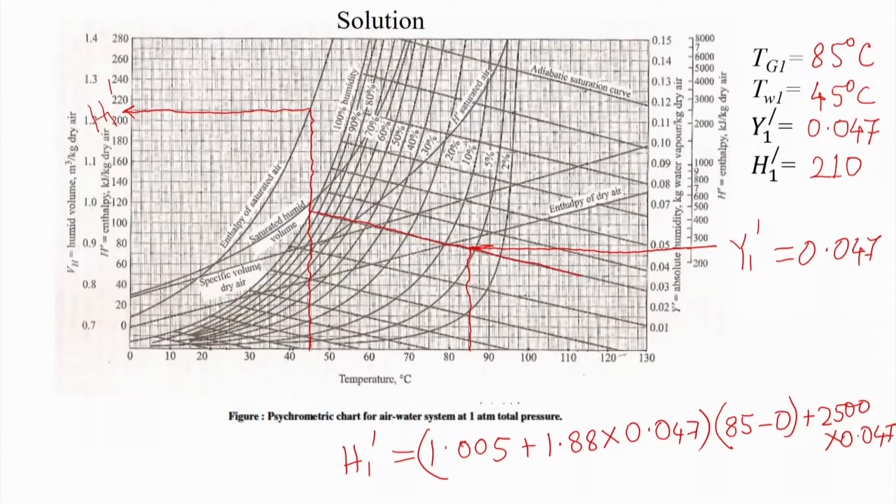That also comes to 210 kilojoule per kg dry air.